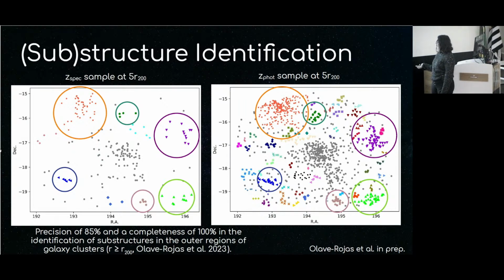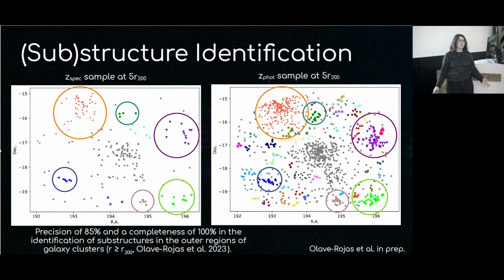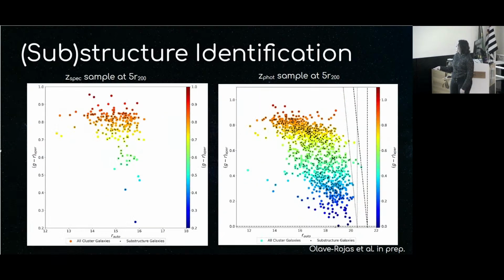And also in the photometric sample, you can see several substructures because you have more data. All techniques that use photometric or spectroscopic data to identify substructures depend on the quantity of data available. For this reason, we can see more substructures in the photometric sample than in the spectroscopic sample.